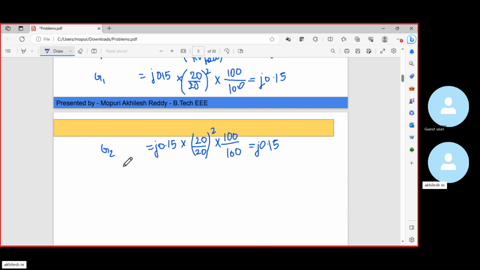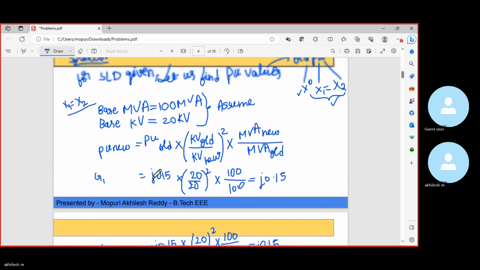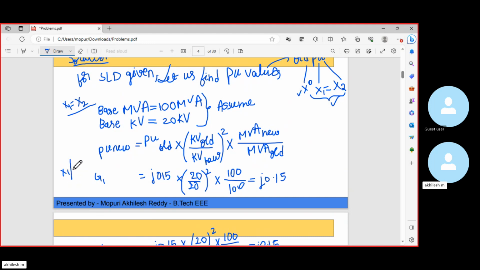Coming to transformer T1, let us first write here. It is X1, X2, X1 slash X2.